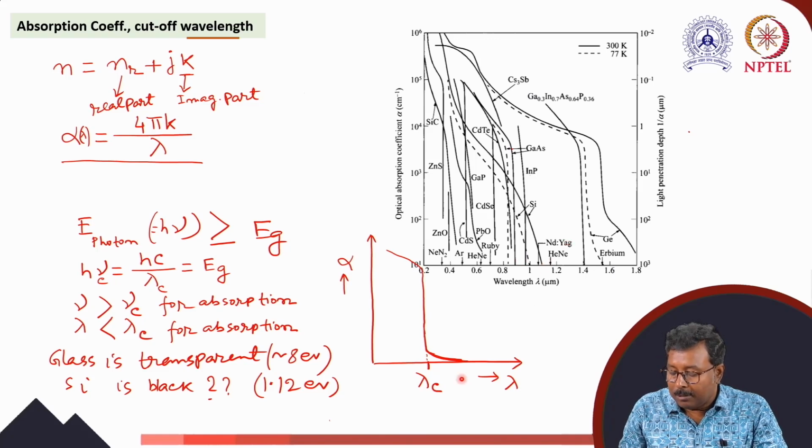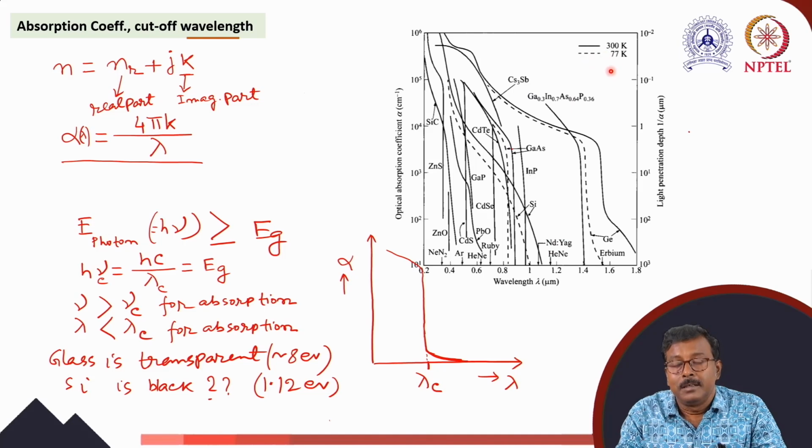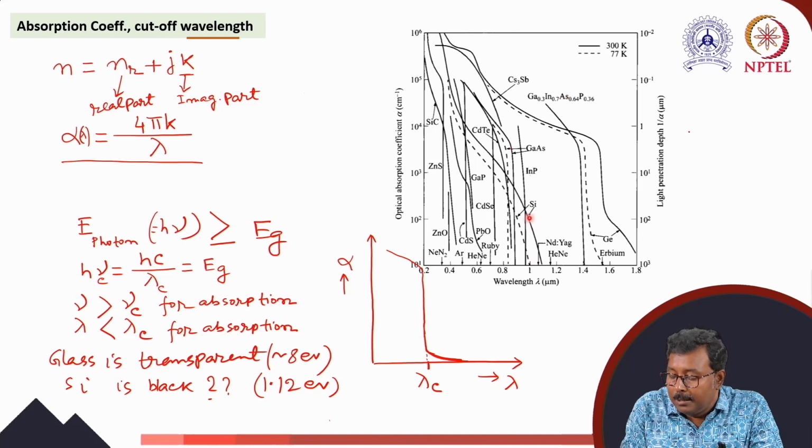Anyway, the conceptual nature relates with the conceptual behavior. Absorption coefficient depends on other factors, say temperature. Here graphs are shown for two temperatures, 300K, that is room temperature, and 77K, for silicon solid line and silicon dash line.